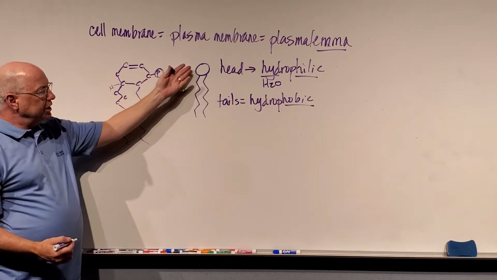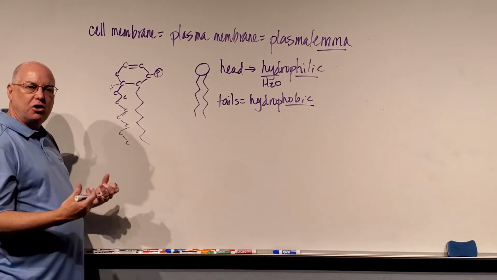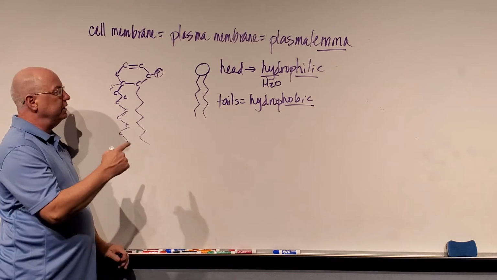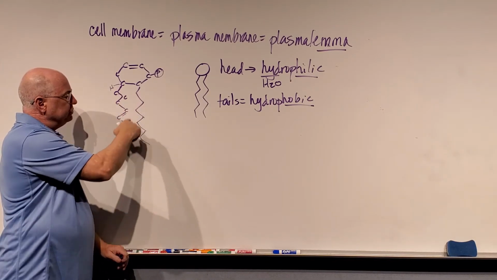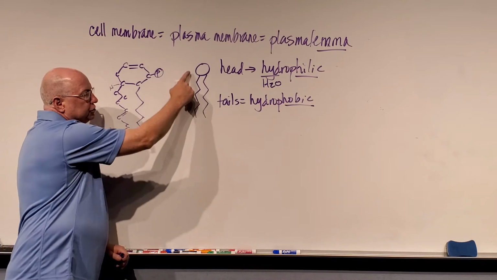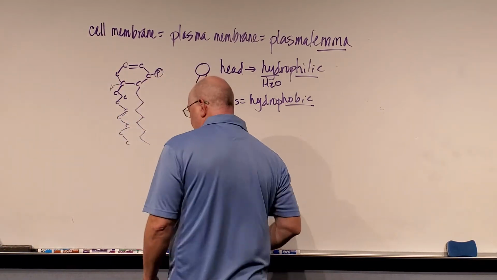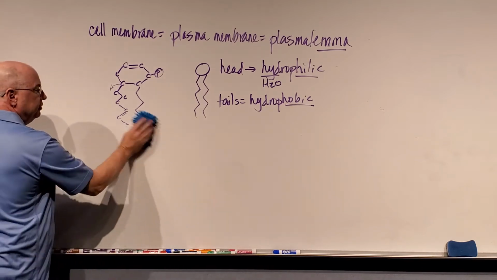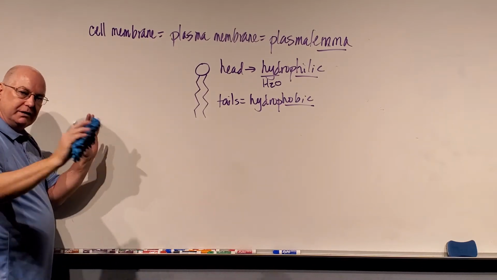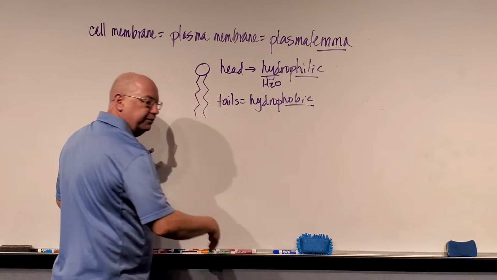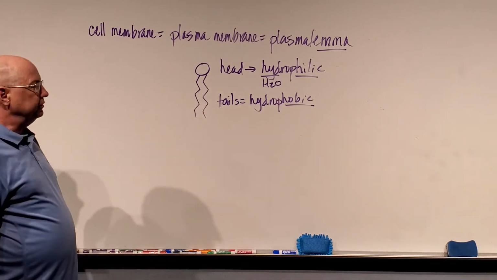So there's a ring-shaped head that's made out of a bunch of carbons and hydrogens and oxygens and some phosphate, and we have these long carbon tails. We just call it the hydrophilic head and the hydrophobic tail for now, okay? We're not going to get into that organic chemistry. I would love to, but that's a whole other topic in cell biology that you can take if you move on to a graduate program or something.